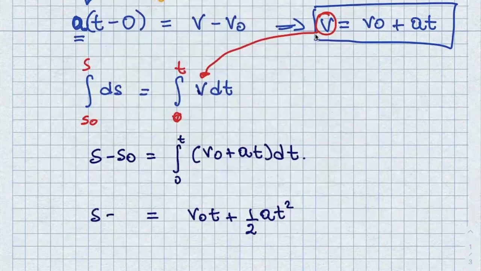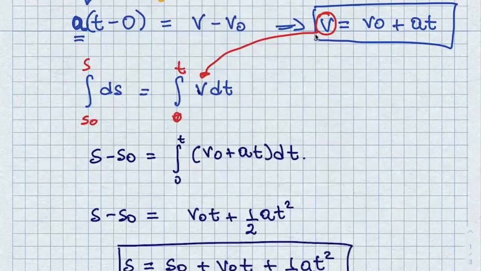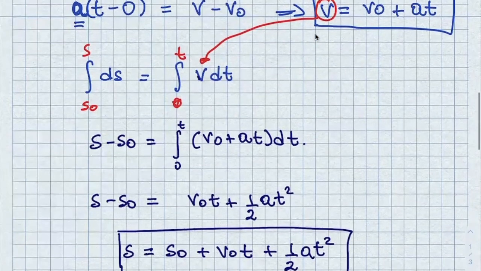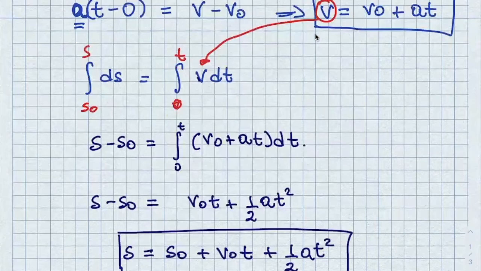And this is s minus s naught. Or more commonly, s is equal to s naught plus v naught t plus 1/2 at squared. Again, this only applies if a, or the acceleration, is constant.